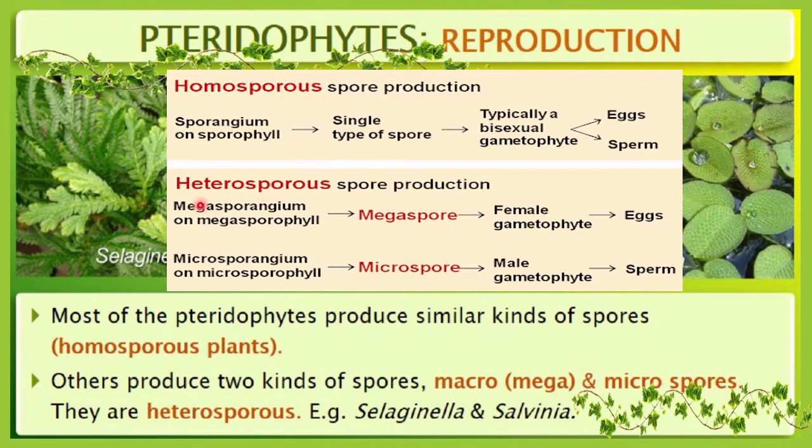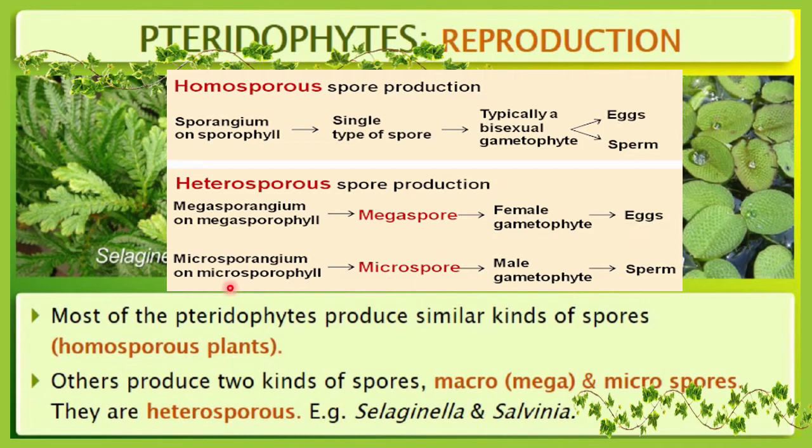Let me see heterosporous. Here the megasporangium and microsporangium are differentiated, having different size, shape and look. The megasporangium is also called a megasporophyll, and the microsporangium is also called a microsporophyll. The megasporangium or megasporophyll will produce megaspores, the female gametophyte, which is responsible for formation of eggs.